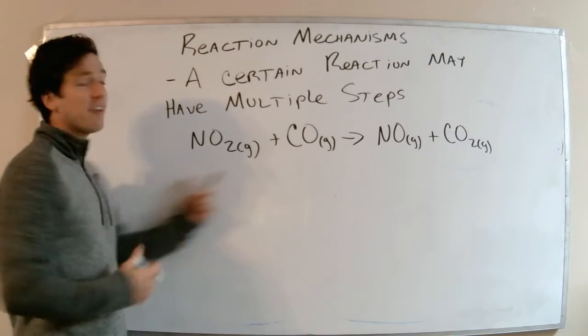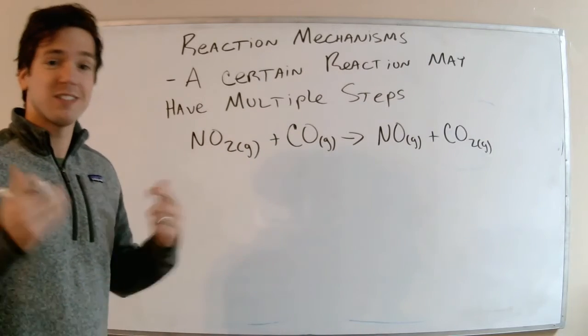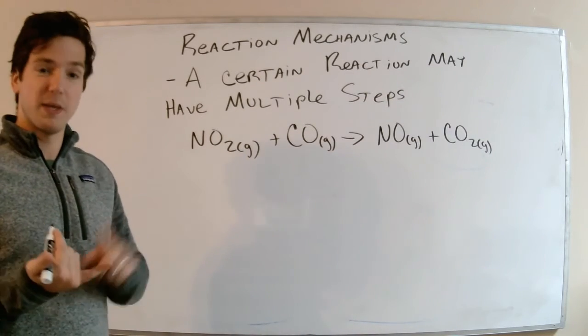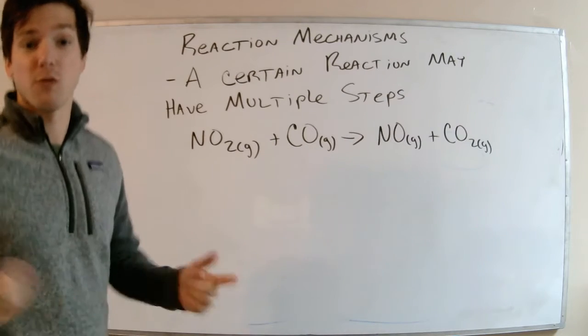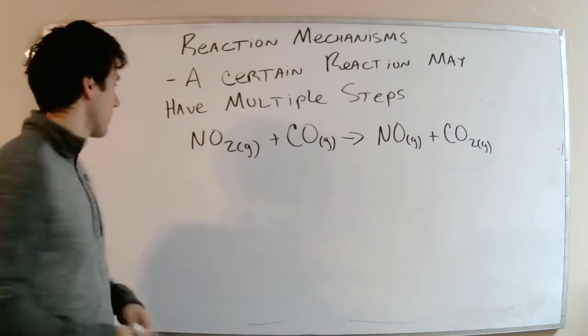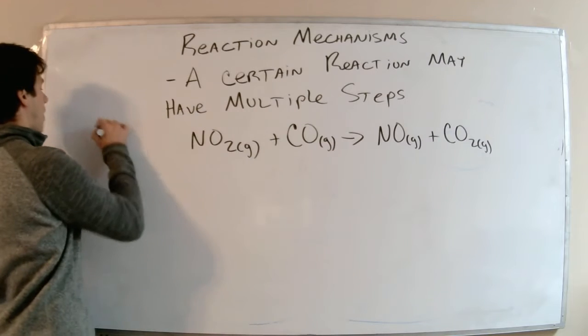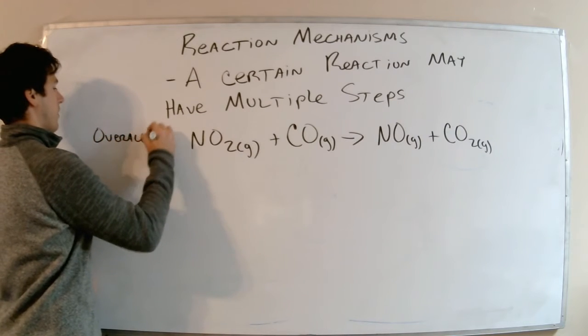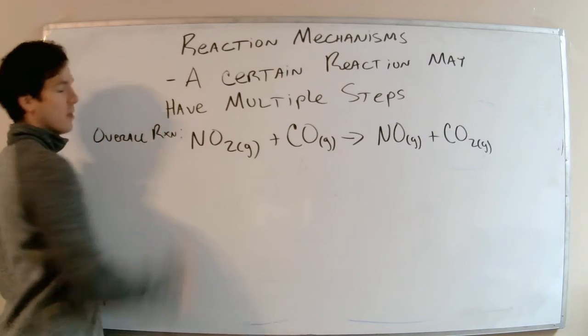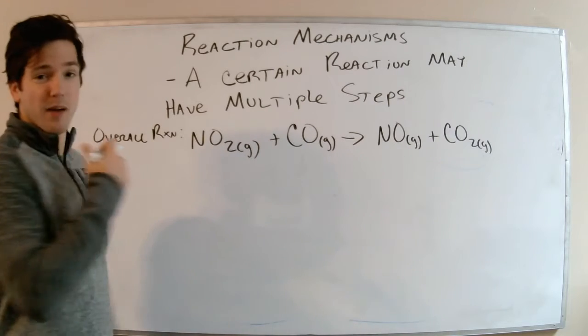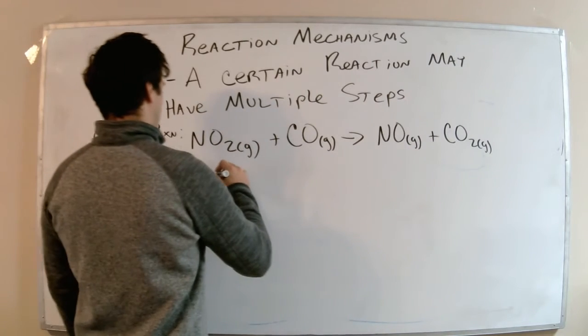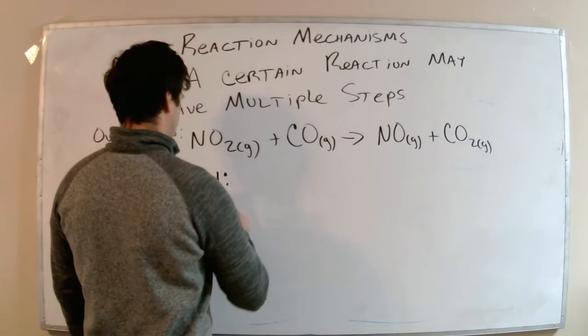So really, when I've been showing you an overall reaction, sometimes that overall reaction has been a 1 or 2 or 3 or 4 step process, okay? So this is our overall reaction. But really, behind the scenes, we've had a first step and a second step.